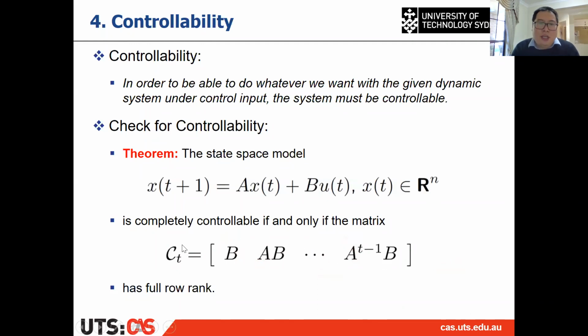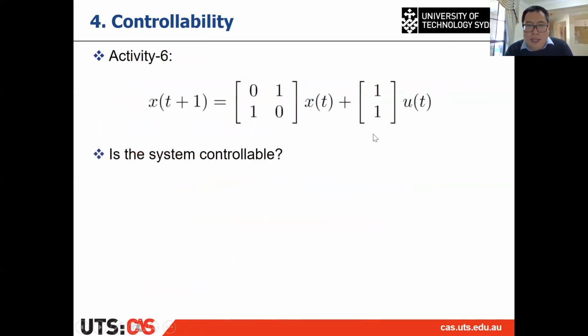And if this controllability matrix is full rank, then that means it is controllable. To check the controllability, everything is exactly the same in both the linear continuous time system and discrete time system. All right, so that's the controllability.